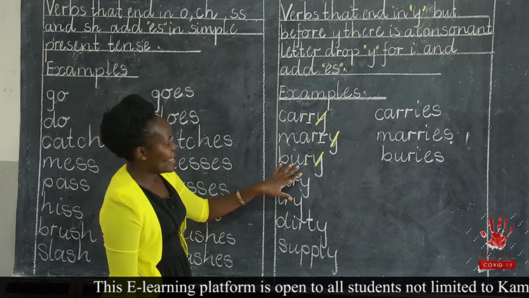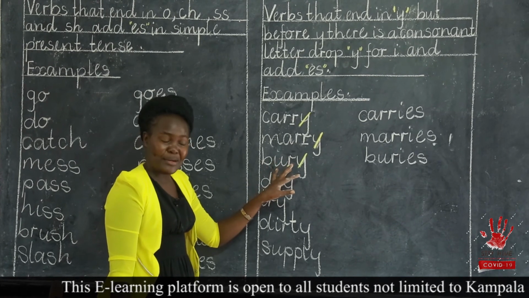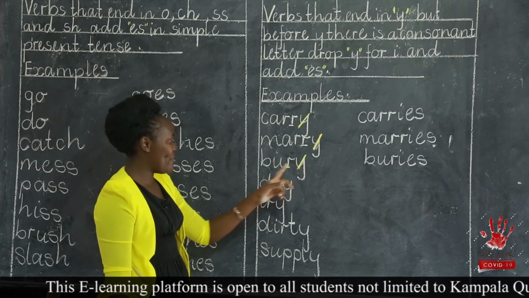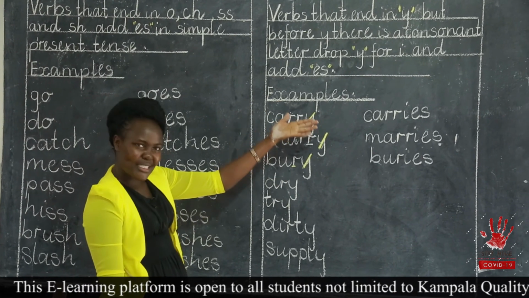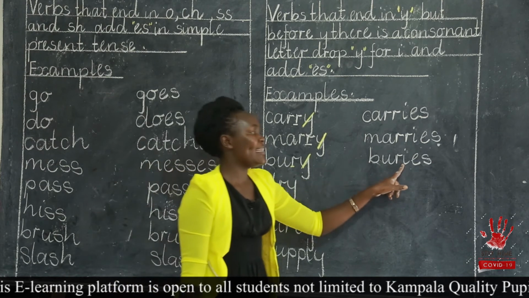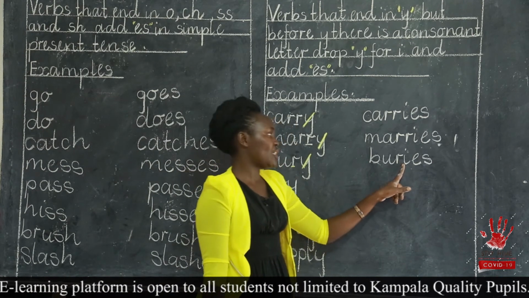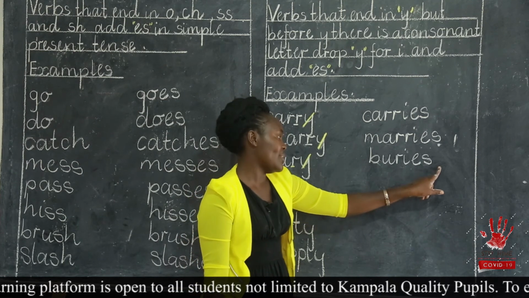Okay, we have another verb here, an action word, which is dry. It ends in Y. Before Y, there is letter R, which is a consonant. We shall do the same. We shall drop letter Y, and in the place of Y, we shall have I before adding ES.